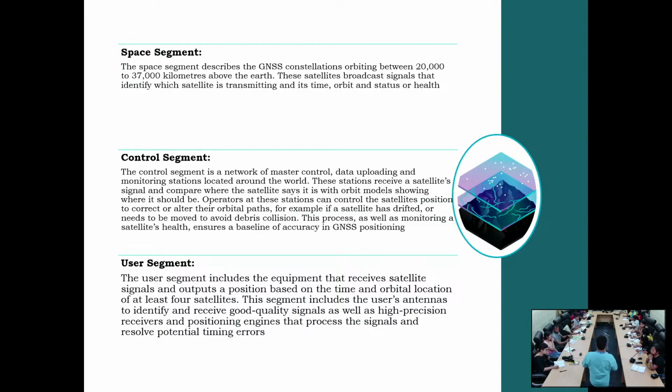Then we have QZSS or Compass Navigation Satellite System, whatever you want to call it. It is operated by JAXA, bracket Japan. This is regional in nature. And it has 4 satellites.